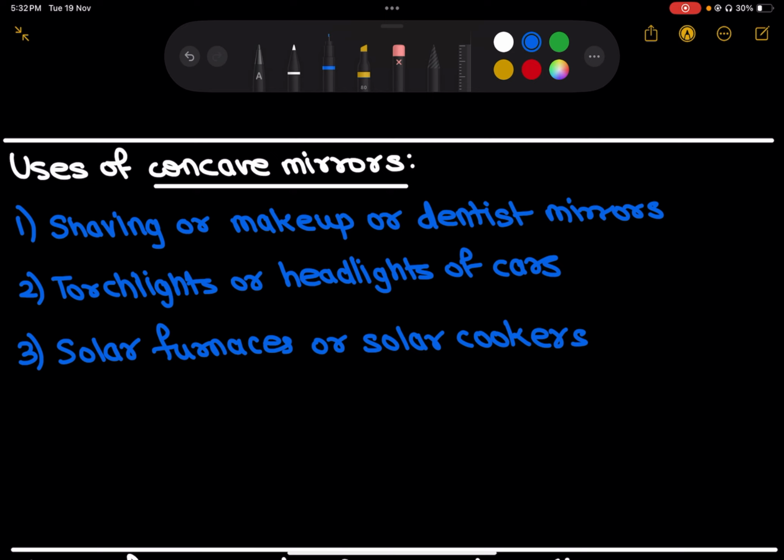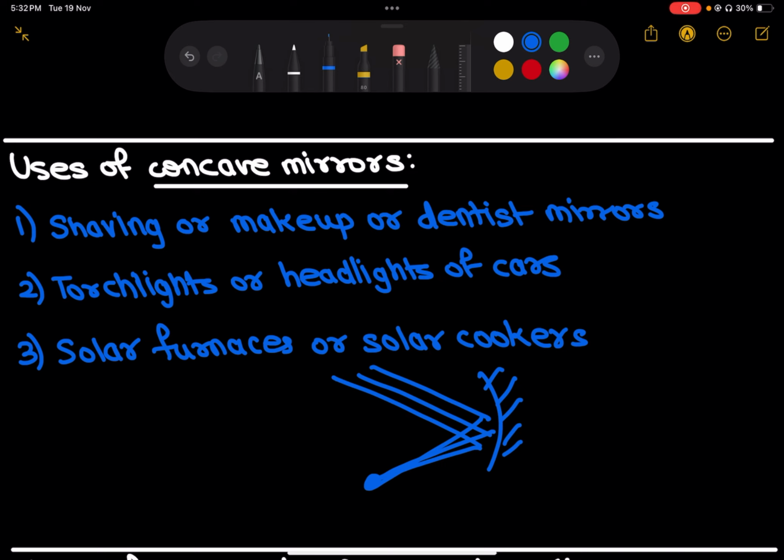The sun is considered to be at infinite distance, so parallel rays of light will come from the sun. When these rays meet the concave mirror, it converges them at a single point, and at that point the solar furnace or the solar cooker is kept, right? Hence the cooker or the furnace starts to heat up, and solar energy is produced in an enormous amount. Hence it is very efficient.